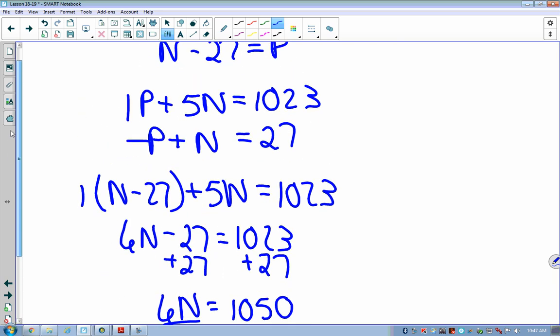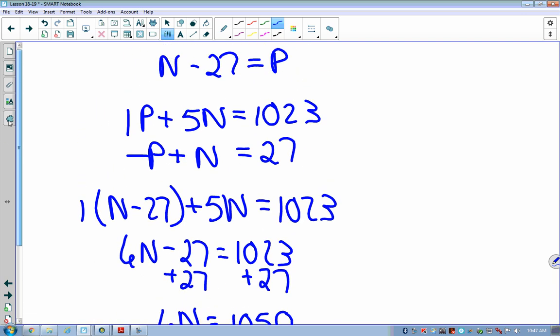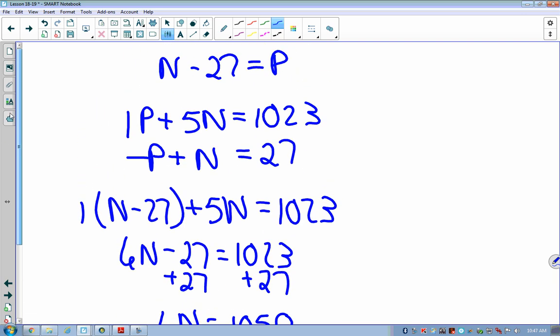We know that there are 175 nickels, right? So all I have to do to find out how many pennies there are is take 175 and subtract 27 from it. 175 minus 27 is 148.